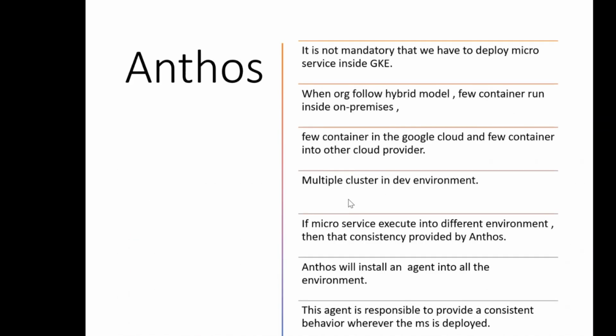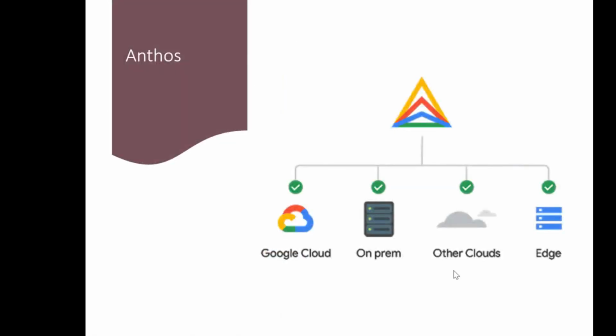This agent is responsible for providing consistent behavior wherever the microservice is deployed. So Anthos is a program that installs one agent in all the environments so that you can track a deployed microservice in a multi-cluster environment.